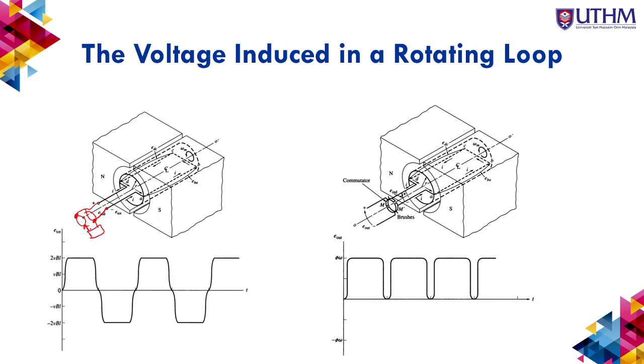For example, this is the red color of the multimeter and this is the black color. When you rotate 180 degrees, this is CD and CD. So when you rotate to CD, what will happen? I will try to redraw this.